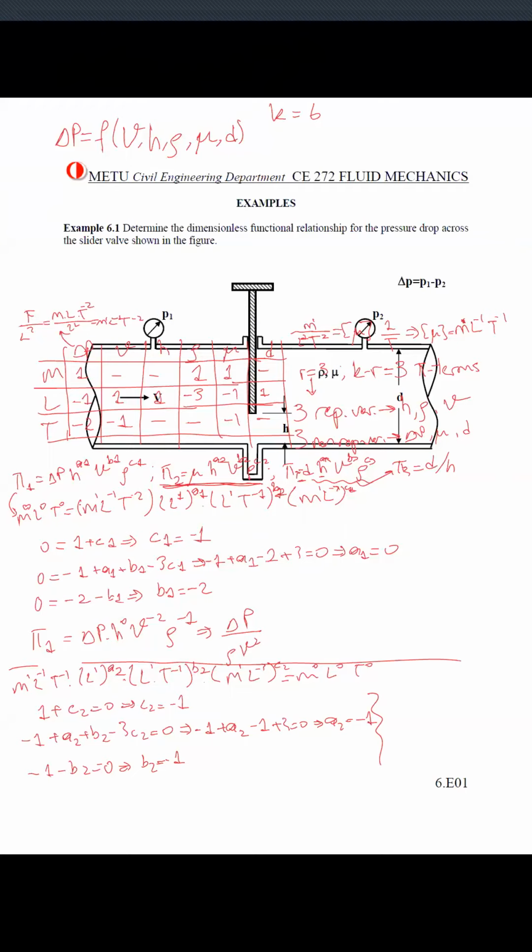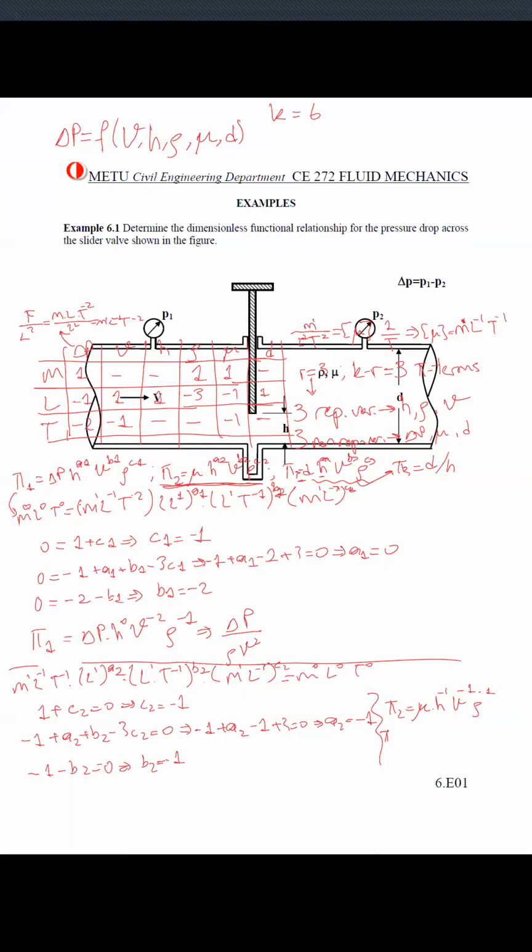So from here we can obtain pi 2 equals mu times H to the power minus 1, times V to the power minus 1, and rho to the power minus 1.